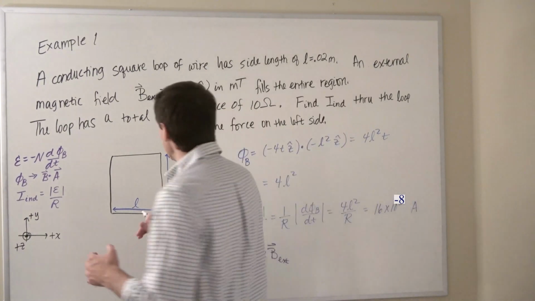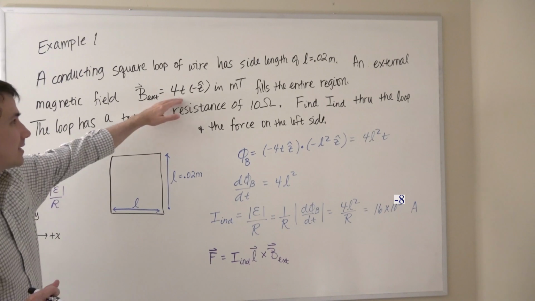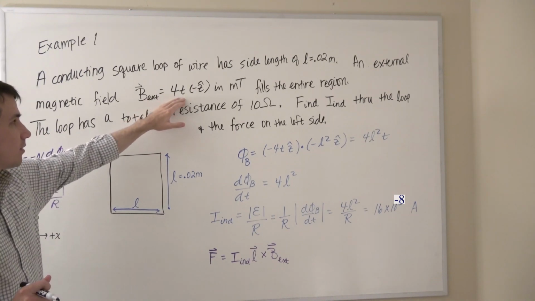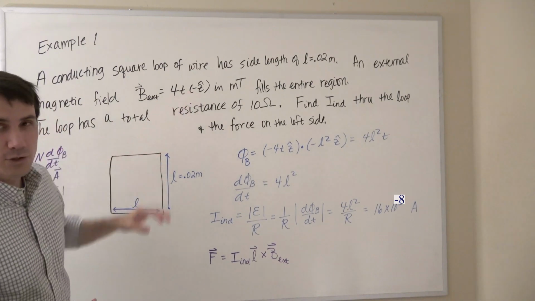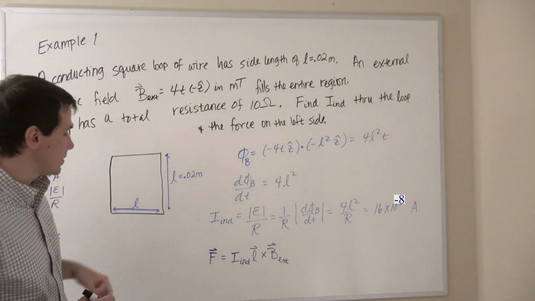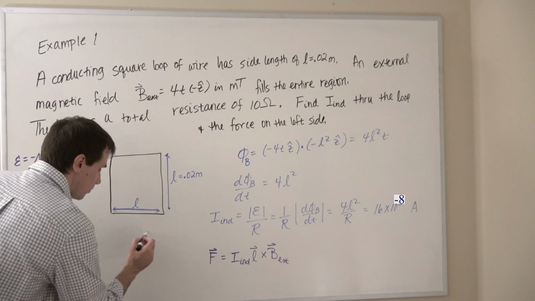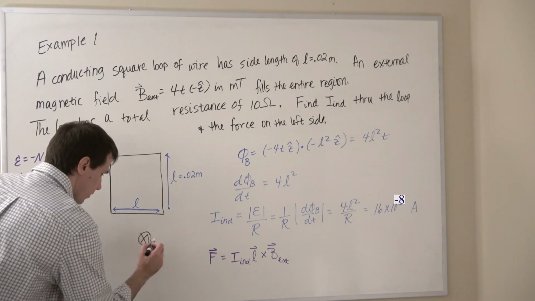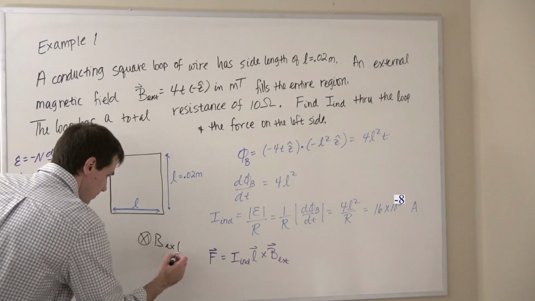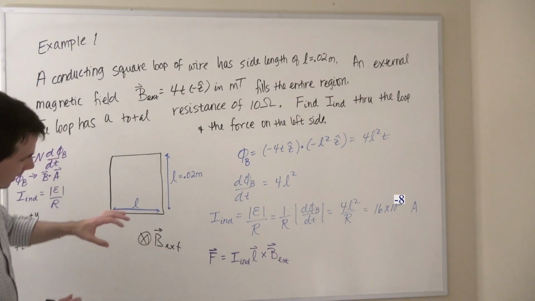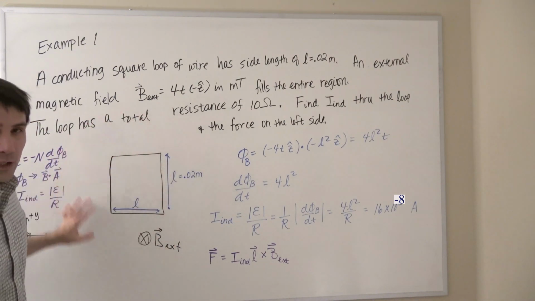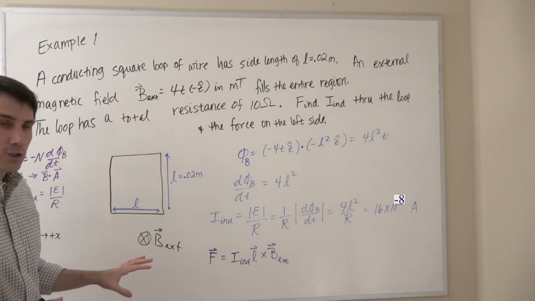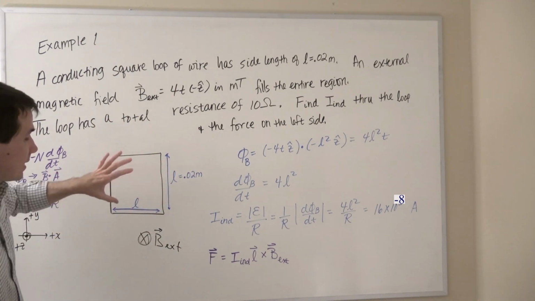To begin with, we note that the magnetic field is 4 times t, where t is our time, into the board, because it is in the negative z hat direction. So I will place our external magnetic field here, and though I drew the magnetic field vector down here, it is uniform everywhere throughout the page, and it is increasing into the board.